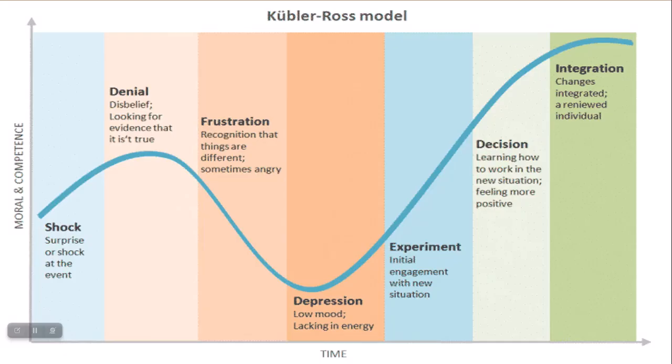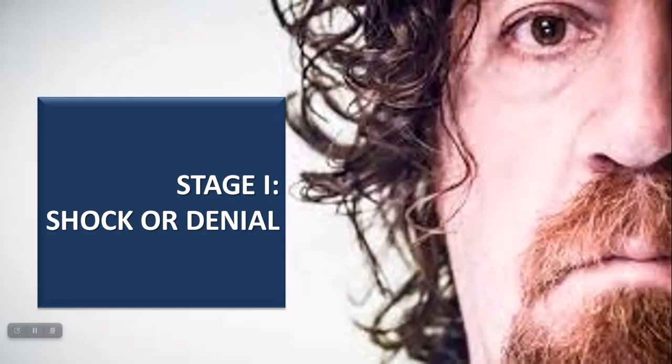In this model we see that first there is a shock, then the denial, then the frustration, then the depression, then experiment, then decision, and then integration. We may talk on 5 aspects of change. Stage 1 is shock or denial, as I said earlier.